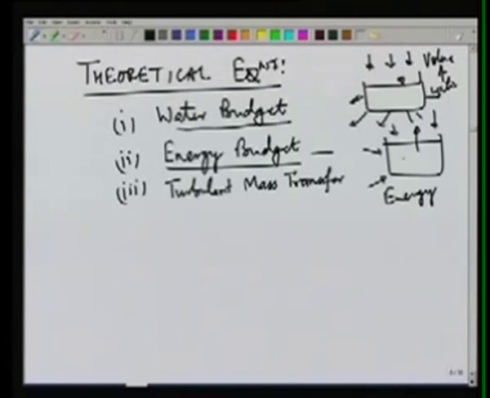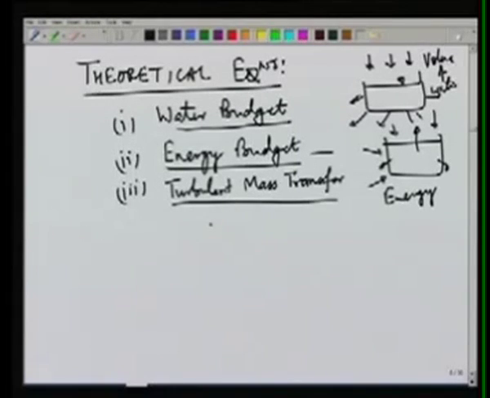What is the solar radiation which is being, let's say, radiated back or reflected back? How much is transferred to the ground, to the air? And then we can say that the remaining portion will be used for evaporation. And once we know how much energy is being used for evaporation, we can find out what is the volume of water which is being evaporated.